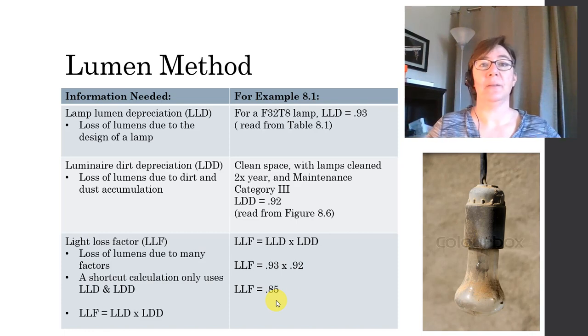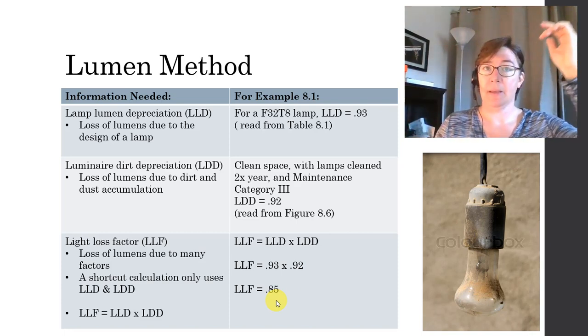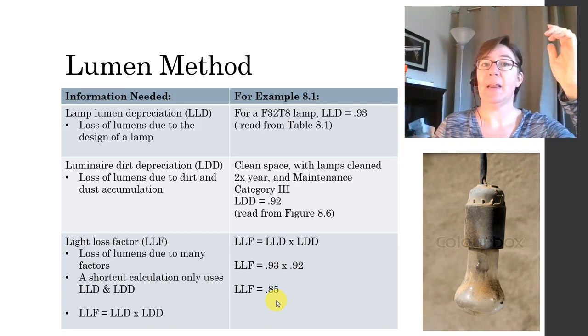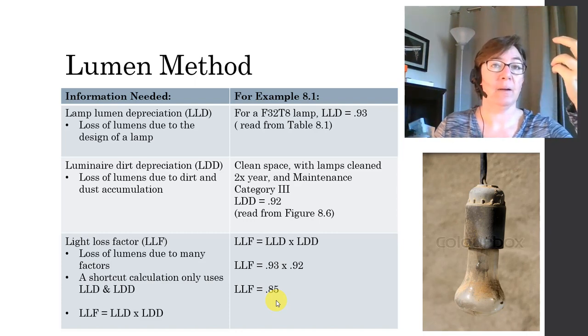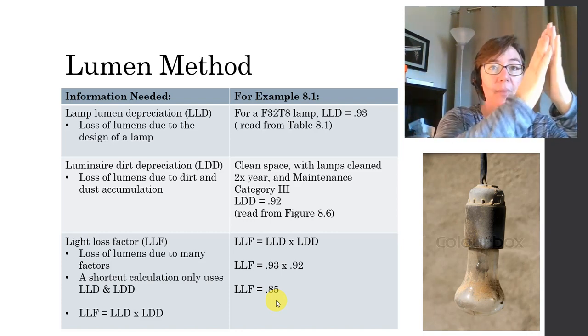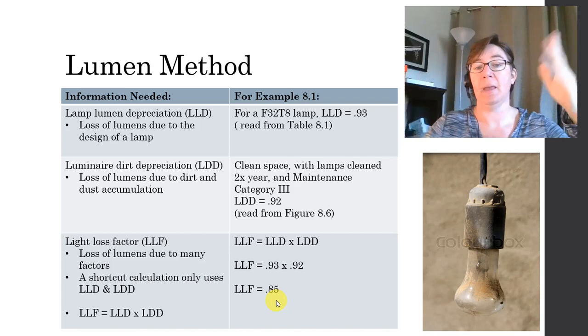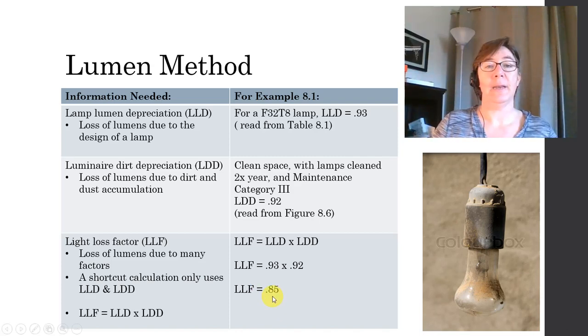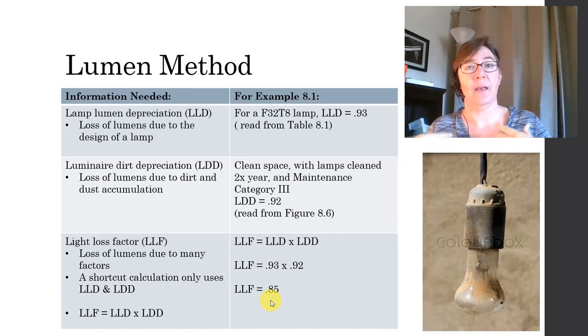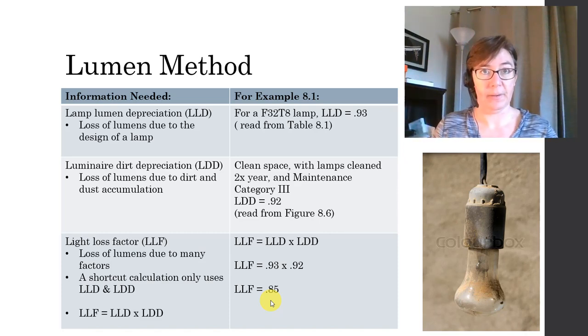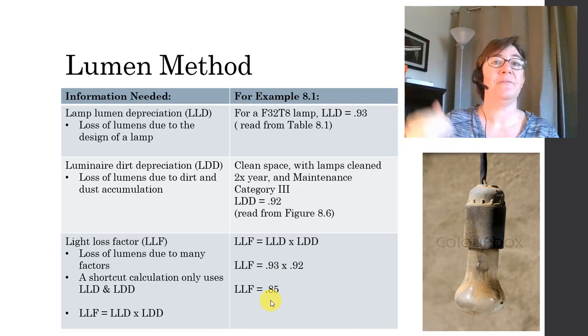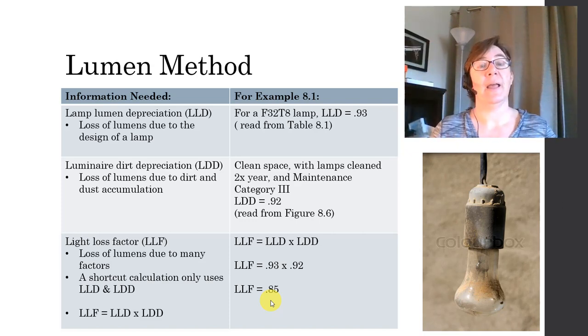Remember what that means. You're going to produce a certain amount of light at the very beginning of your lamp and luminaire's lifespan. By the end of its lifespan, you are only going to get 0.85 of that light output. So 85%. So it's going to go down by 15% over the lifespan of that lamp and luminaire.